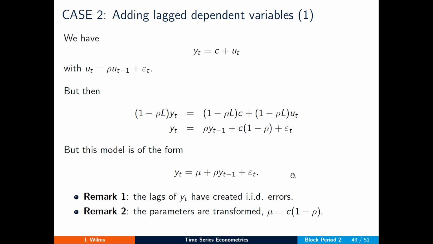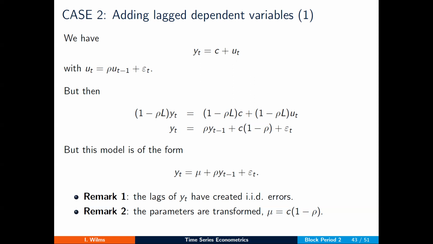Now, what is the crucial thing about this new model? Well, we have created a model where the error term is IID, namely the epsilon t guy. And how have we done that? Well, we did that by adding a lagged value of our response. Note that the parameter here for the constant term is transformed.